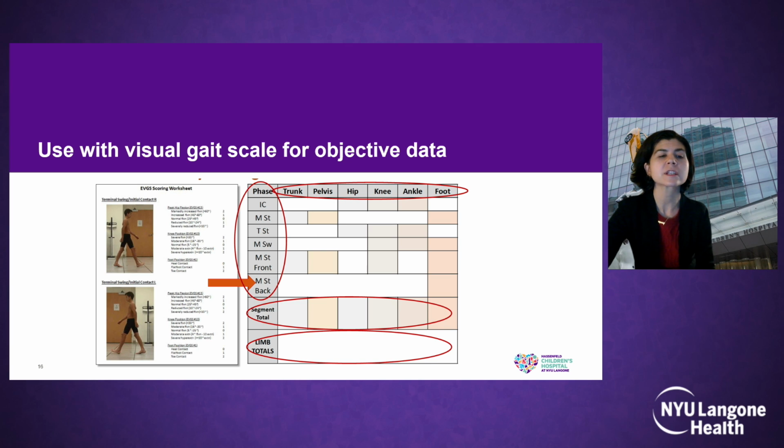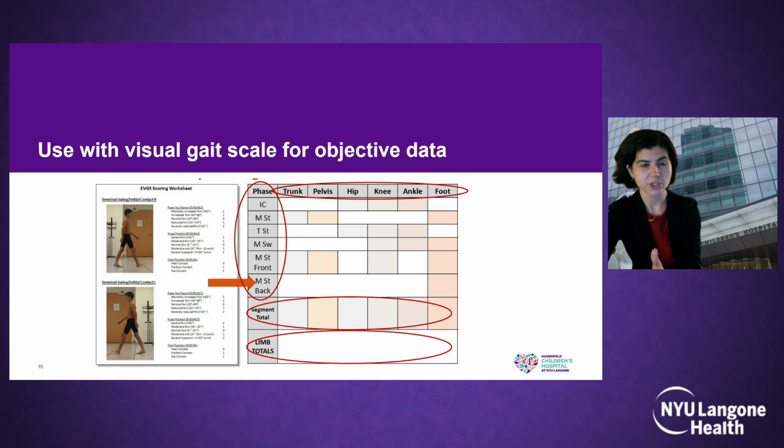And you can actually get objective data. So you see here, this is comparing the video with what the scoring sheet might look like. And there's excellent papers online about how to use this if you've never used it before. Again, it's a little finicky the first couple of times, but once you get used to it, it's actually quite quick.